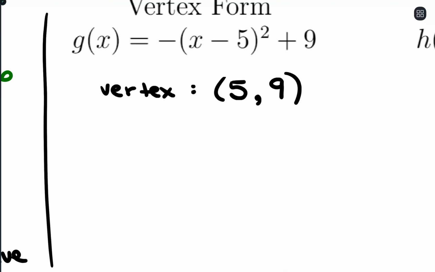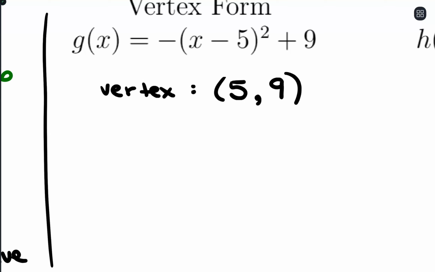So basically with the x coordinate, it's going to go opposite of what it looks like in the vertex form. So with subtraction, the x coordinate's positive. If we had addition there in that form, then the x coordinate would be negative, because it's like we have a minus -5 or whatever we're doing, and it would simplify to x plus 5.